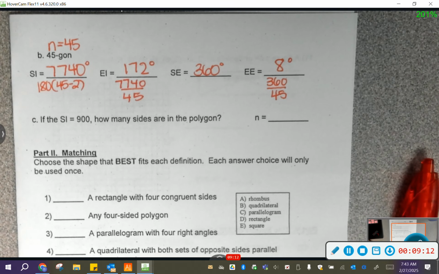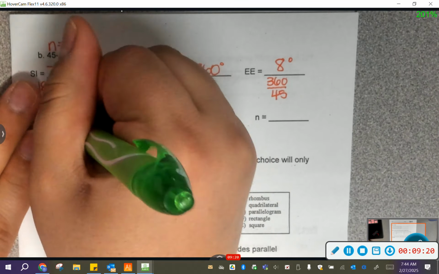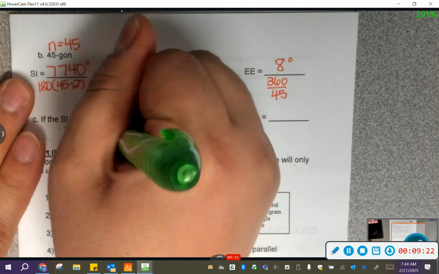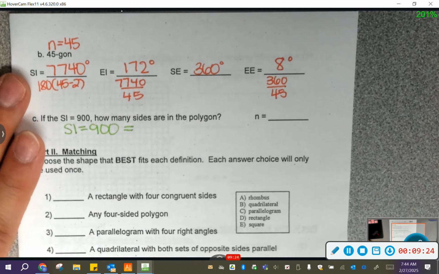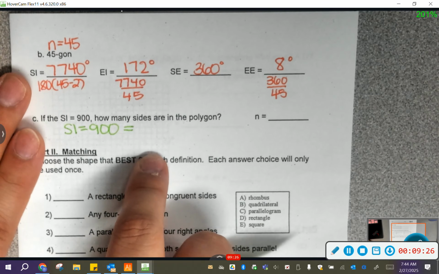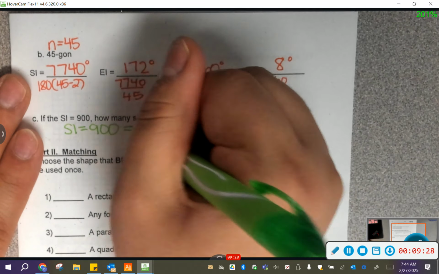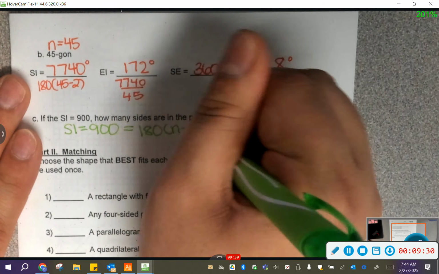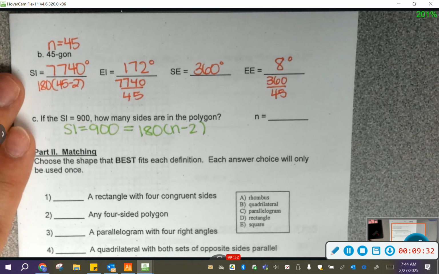Letter C is having me work backwards. What if I know the SI is 900? What's my formula for SI? How do I find n?